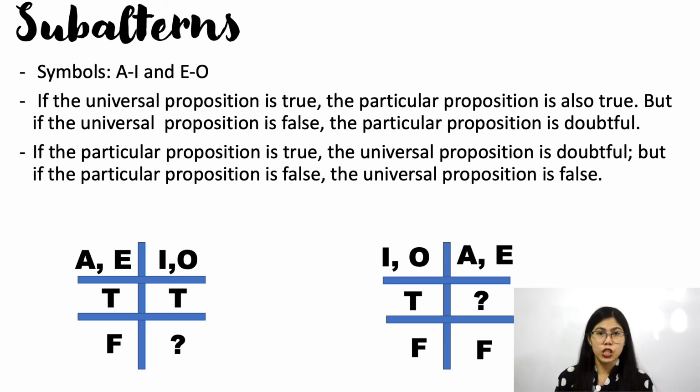In this particular proposition, if the universal proposition is true, A and E, the particular proposition is also true, I and O. But if the universal proposition is false, A and E, the particular proposition is doubtful, I and O. And if the particular proposition is true, I and O, the universal proposition is doubtful, A and E. But if the particular proposition is false, I and O, the universal proposition is false, A and E.